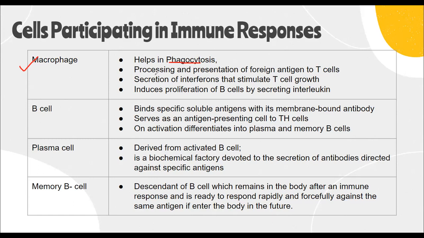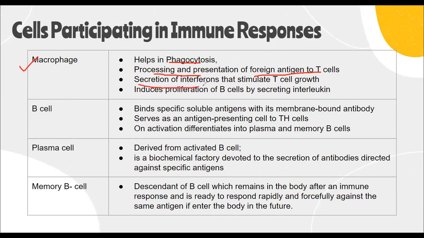Okay, what is this? So if there are any infected cells with any bacteria or virus, the structure of the bacteria and the structure of the virus, in the form of receptors, they will present it to the T cells for recognition so that T cells can also become activated and help in the killing mechanism.